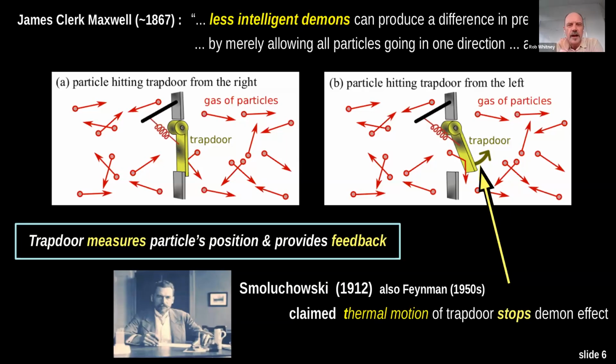So I'll give you my argument for why this trapdoor cannot violate the second law a little bit later. And if you want to think about it while I'm talking about some of the details here, you're welcome to, and to skip the technical details that I will now talk about.